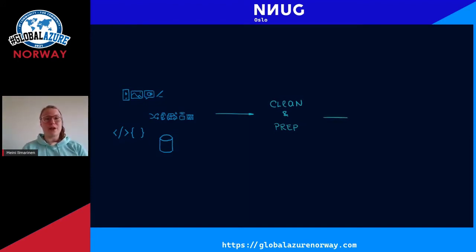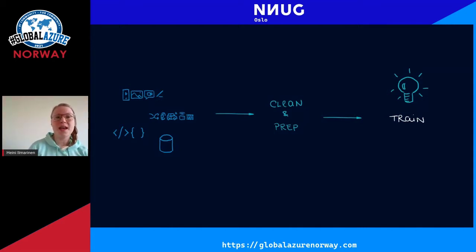But the ultimate goal there, why we even do that cleaning and prepping in the meanwhile, is because we want to start training some kind of algorithms. And from those algorithms, what we want to find out is we, for example, want to predict something. We want to be able to see ahead of time what could be the predicted outcome, and from that draw value for that data that we have gathered already.